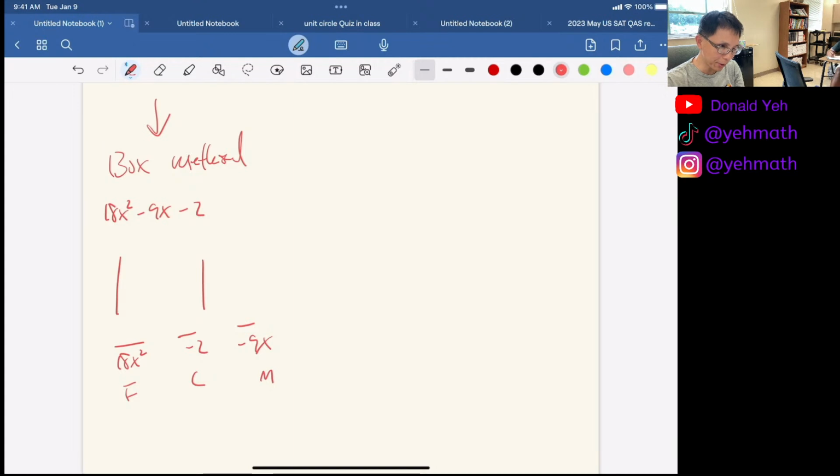This last term is actually toward the middle, and the middle term is actually toward the outside. So there's a switch in positions here. That's just understanding that the position switches. So I just go first, last, middle. Otherwise, it's going to be FML, and you guys know what FML stands for. You do not want to have FML. You want to have FLM.